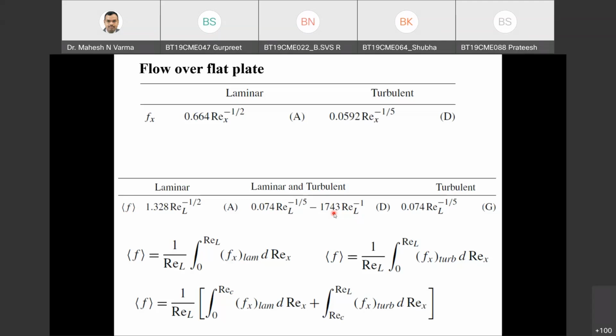No, answer. You use this and use a Chilton-Colburn analogy. Yes. 0.6 into REL power 1 by 2 into Prandtl number power 1 by 3. Very good. And how about this?